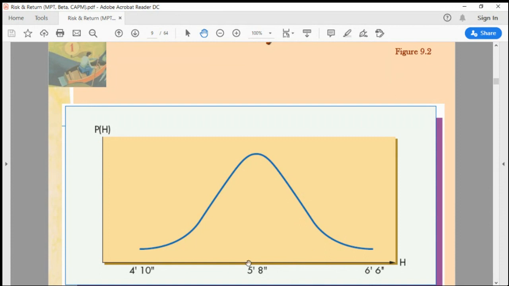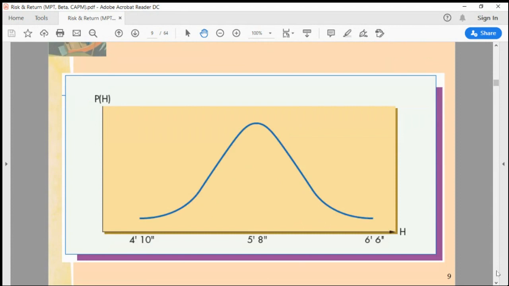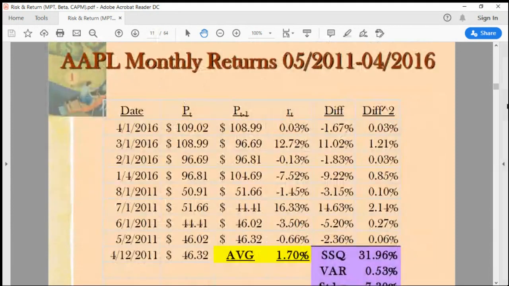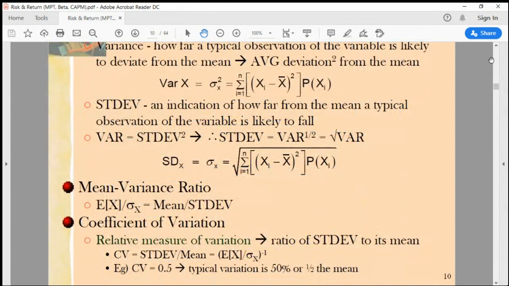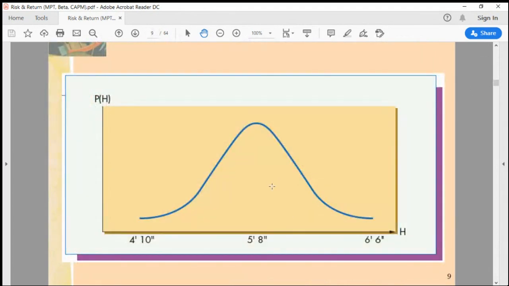So what does this mean? Roughly, if one standard deviation is 5 inches, right? People who are 5 inches above the mean, that is like 6'1", right?